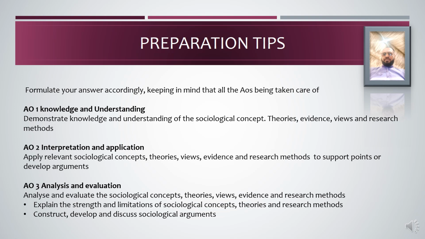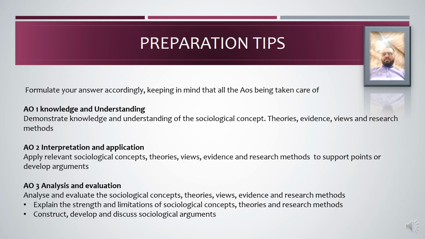From your answer, the examiner will want to see whether you have knowledge and understanding of the topic asked. That means you should demonstrate knowledge and understanding of sociological concepts, theories, evidence, views, and research methods. That is assessment objective one.